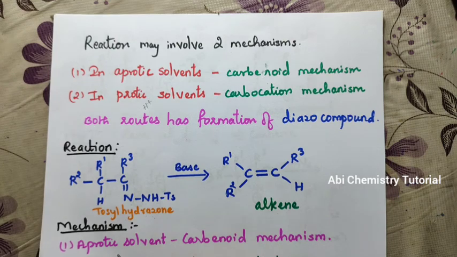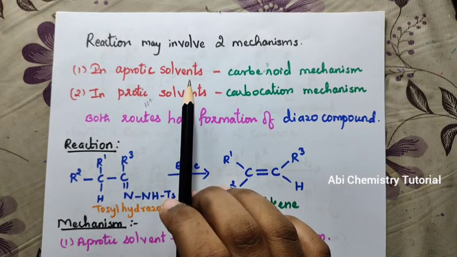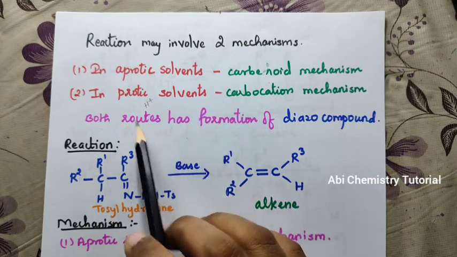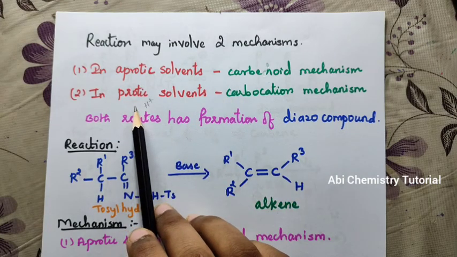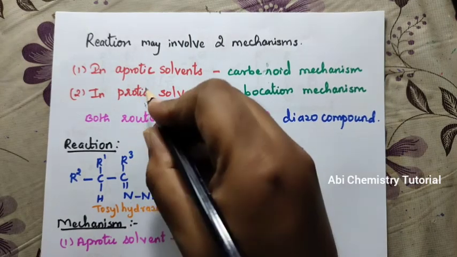Although the bases employed are different, both reactions have two types of mechanisms or two pathways, depending upon the solvent used. In the case of aprotic solvents, we see the carbenoid mechanism, and if we use a protic solvent, we see the carbocation mechanism. What are protic solvents?